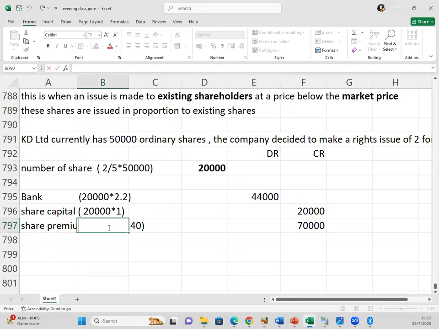So the rights issue is going to affect our premium. Meaning here, the share premium is going to be 20,000 times $1.20.